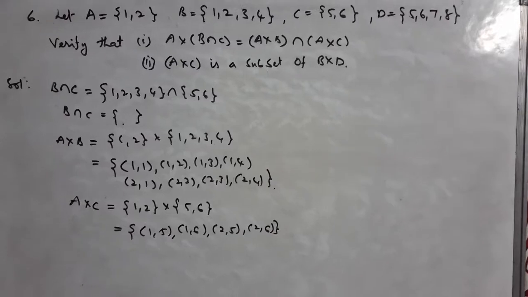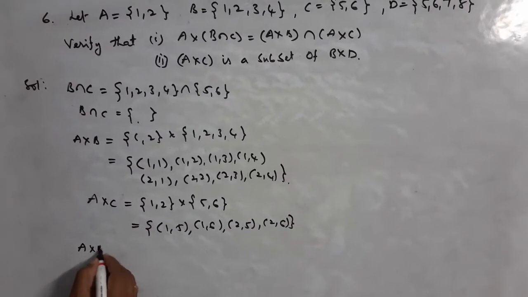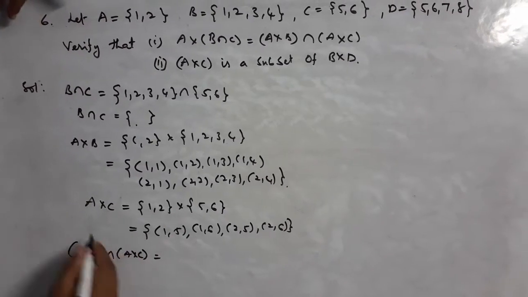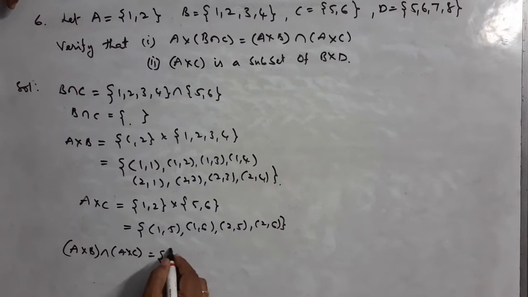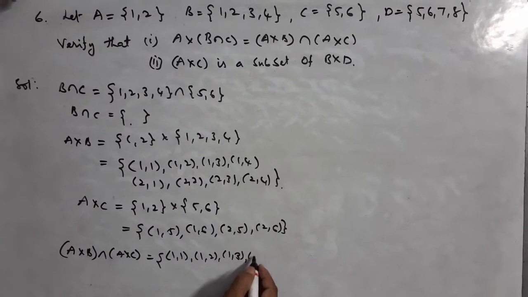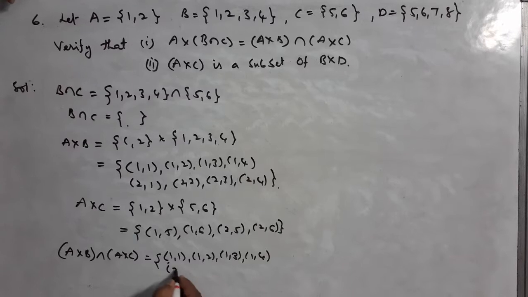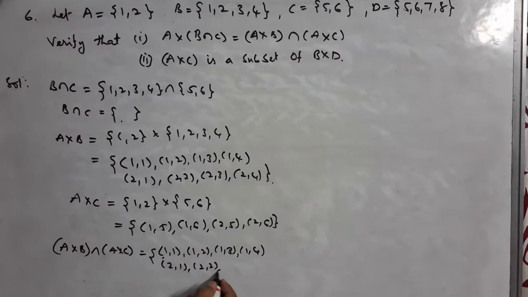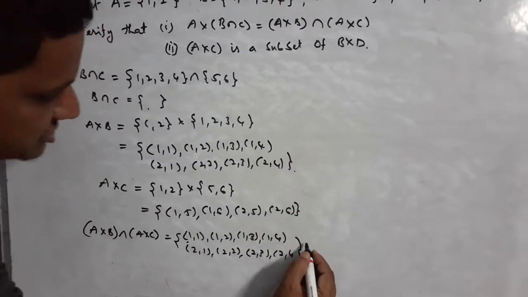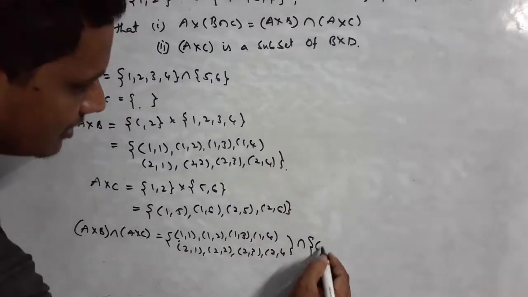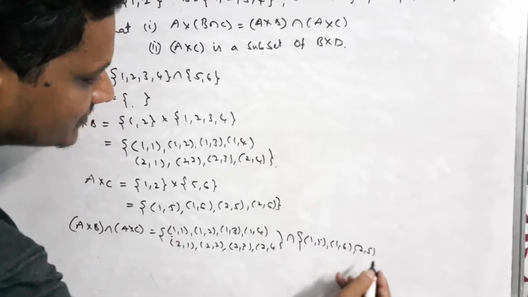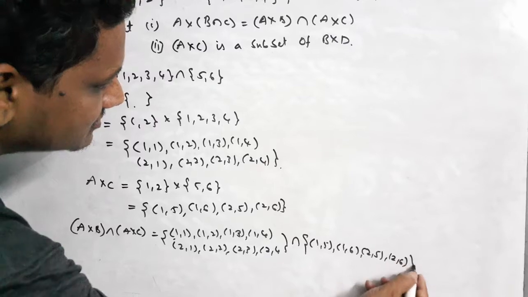Next, what is the intersection (A cross B) intersection (A cross C)? A cross B means 1 comma 1, 1 comma 2, 1 comma 3, 1 comma 4, 2 comma 1, 2 comma 2, 2 comma 3, 2 comma 4, and the intersection with 1 comma 5, 1 comma 6, 2 comma 5, 2 comma 6.